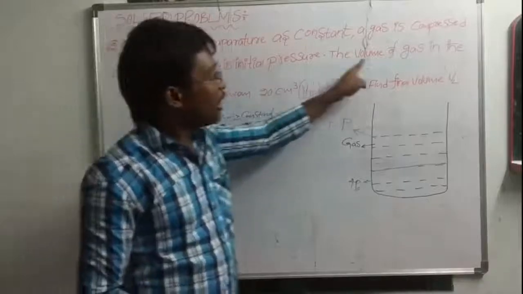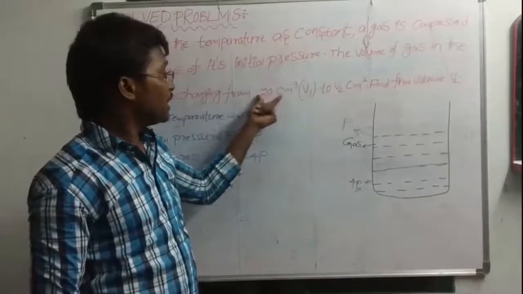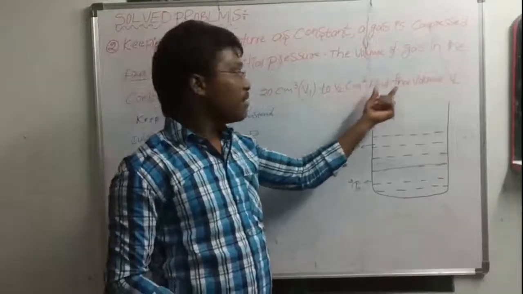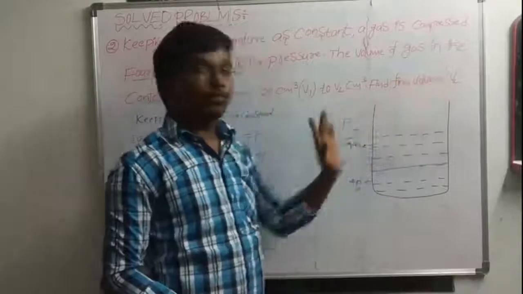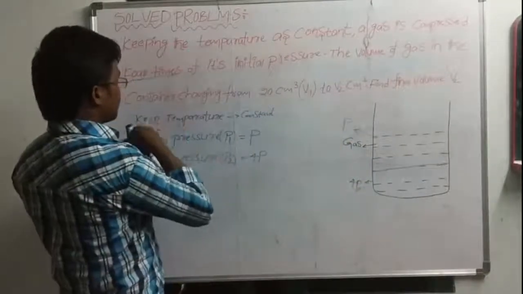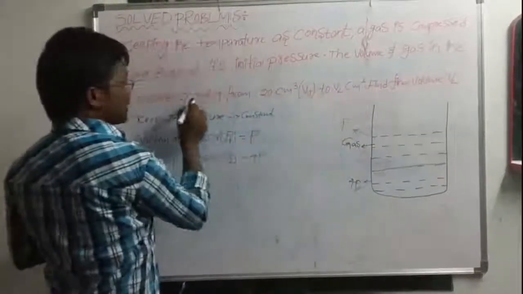Next one, the volume of the gas in the container changing from 20 centimeter cube to V2 centimeter cube. Find the volume V2. So volume is changing. The volume of the gas in the container is changing. Volume means what?